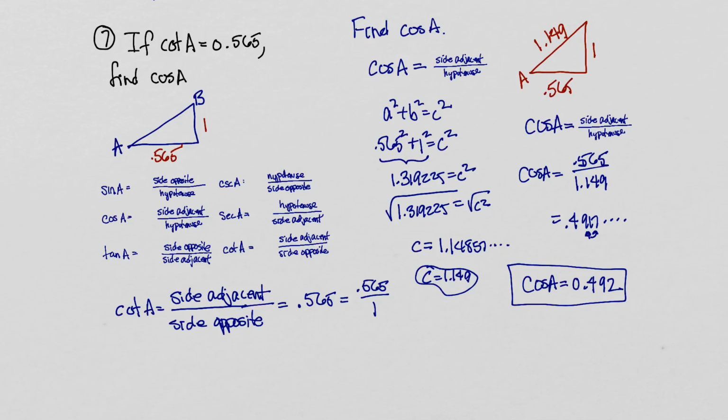And we want the cosine of A. Well, the cosine, here's the definition, is the side adjacent, right there, over the hypotenuse, right there. So it's the 5.65 divided by the 1.149, making that division. Here's what I got for it.